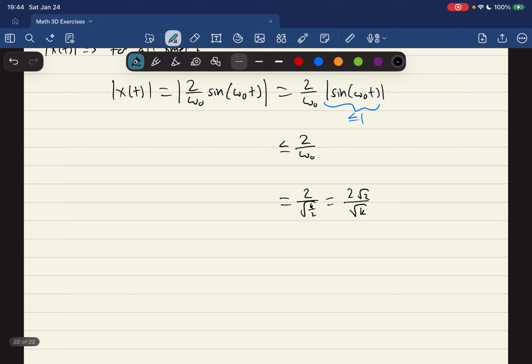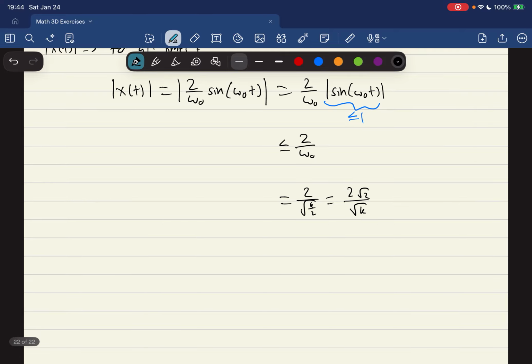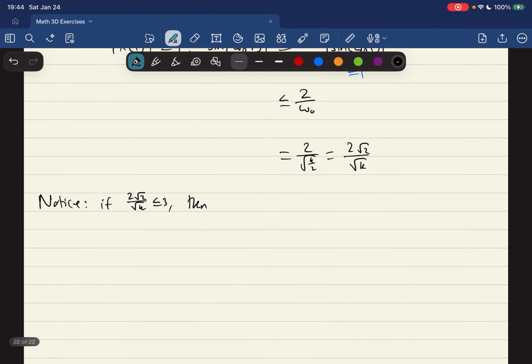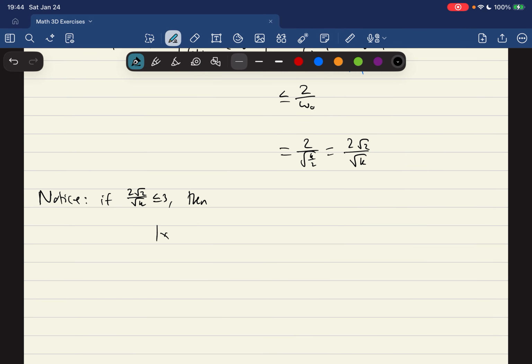With this property, it follows that, or I'll phrase it differently. Notice, if we have that 2 root 2 over root k is less than or equal to 3, then, working in reverse from our work up here, we know that x of t is at most this number, 2 root 2 over root k.